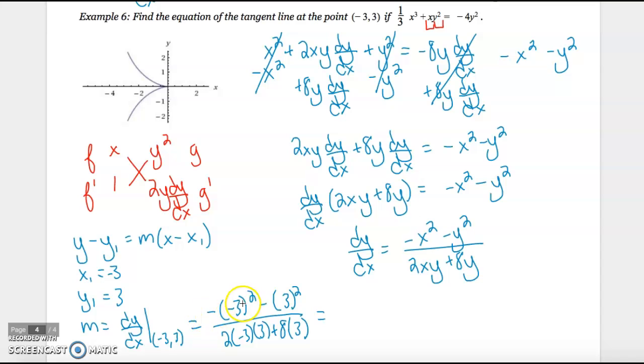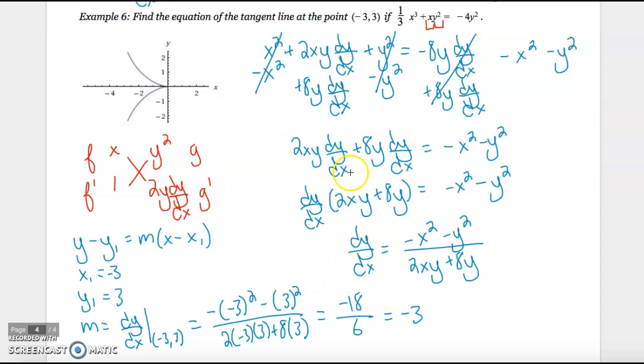All right, so we got negative 9 minus 9 more would give me negative 18. Then 2 times negative 9 would be negative 18 plus 24 would be 6. So my slope would be negative 3.